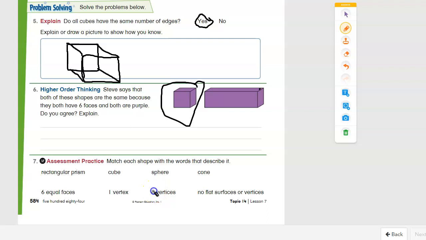So I'm going to match the answer choice 8 vertices to rectangular prism. So it just wants you to draw a line. Now look at the cube answer choice. Which of these descriptions fits the cube best? And you can only match one to a description. There's only 4 shapes and 4 answer choices, so they cannot have the same one.